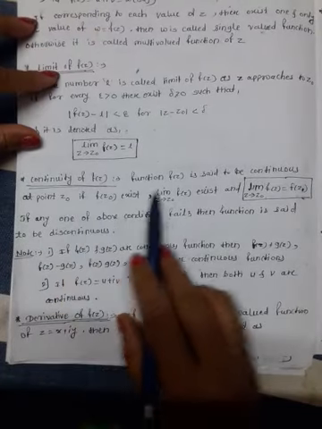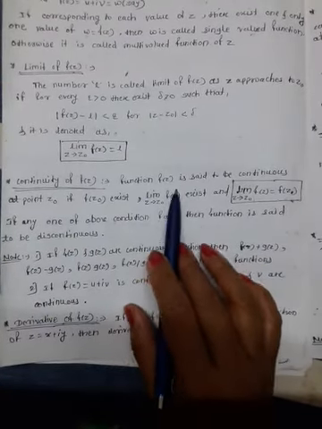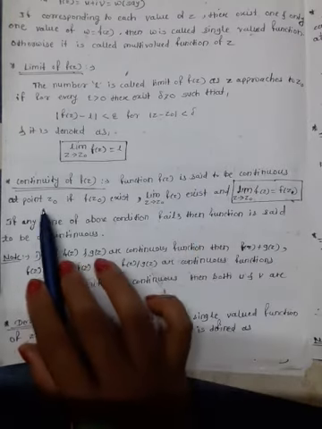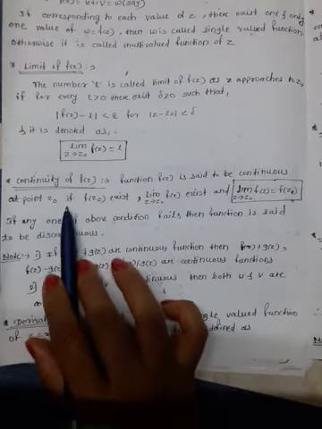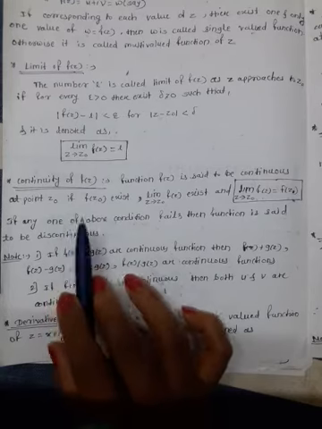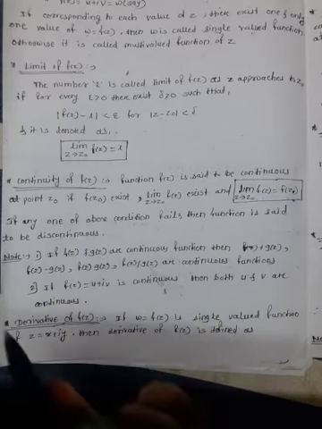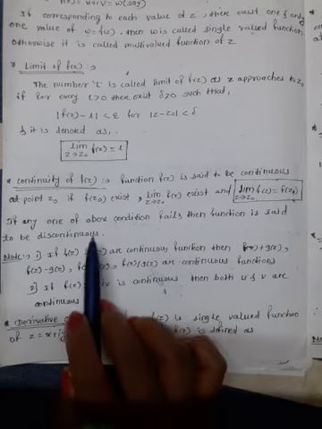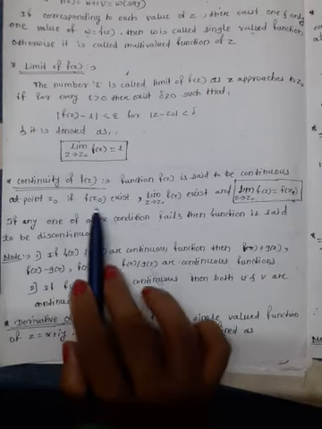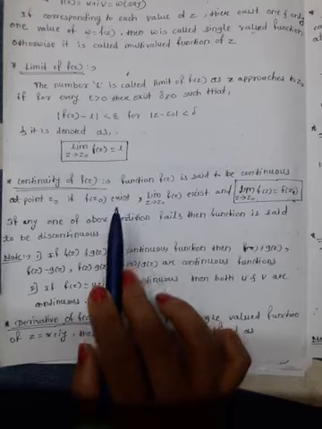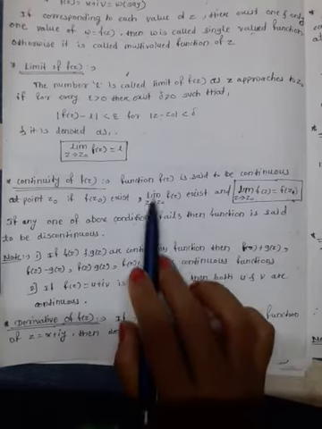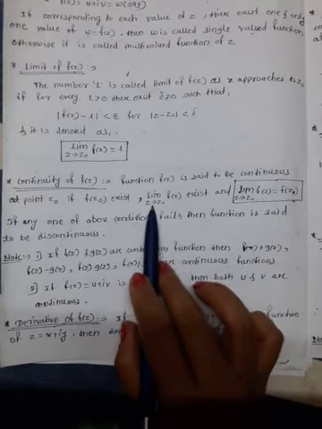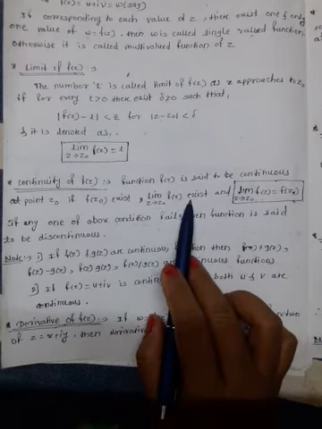Now, continuity of f of z. Function f of z is said to be continuous at a particular point z naught if there are three conditions. What are those conditions? Let us see. First, f of z naught exists. Second, limit of f of z as z tends to z naught should exist.